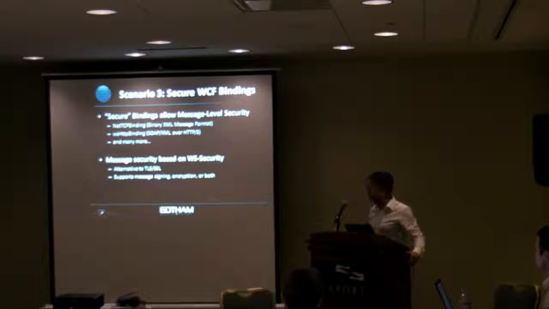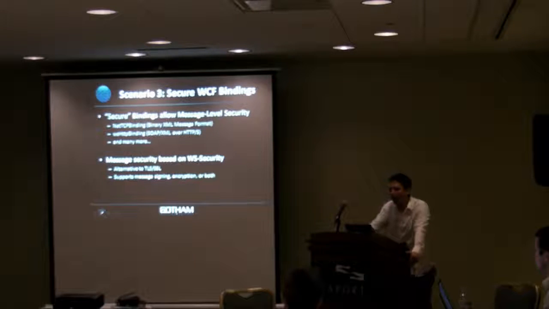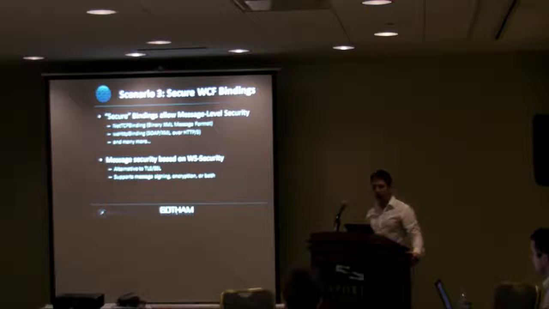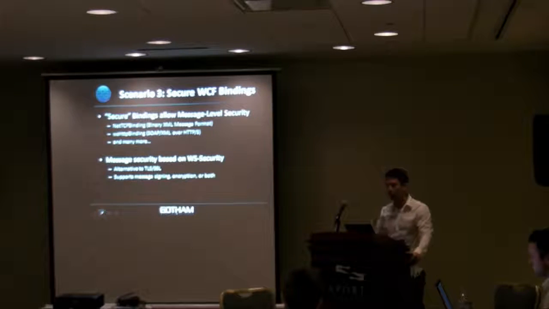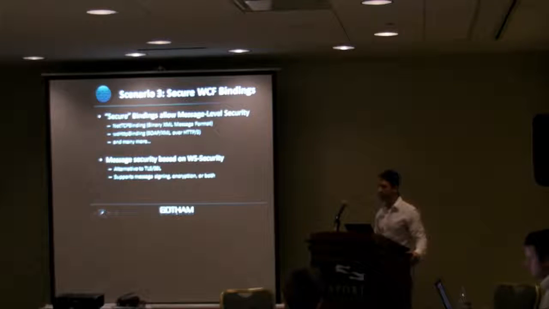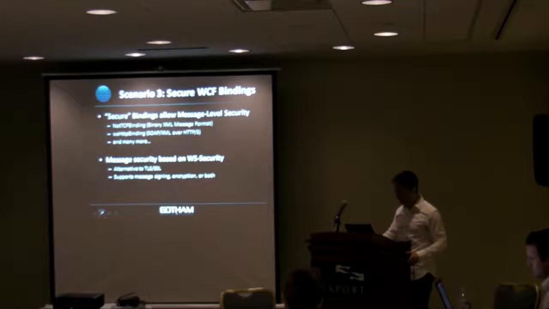I have a demo for this, but we probably won't do it, but I'll hit the relevant points here. The key about secure bindings is that they allow the communications to happen using WS-Security, which is the open security standard for web services. The nice thing about this is it supports things like message signing, encryption, all sorts of good stuff.